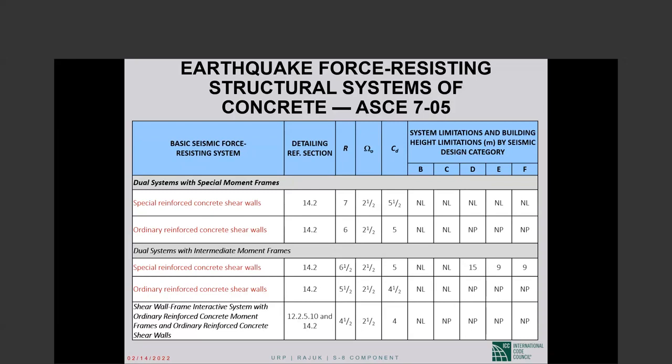So in a dual system, how will we calculate that the columns can take 25% of shear? You don't. In a dual system, you need to do two separate analyses. One analysis is the shear walls and the frames together.